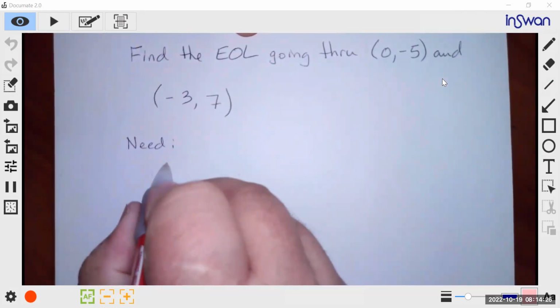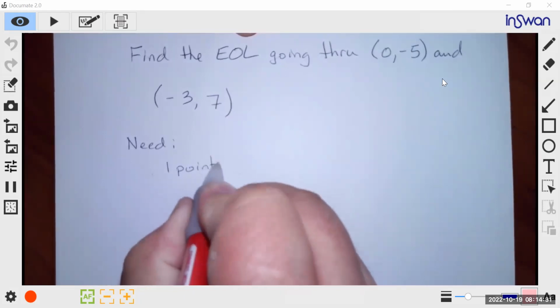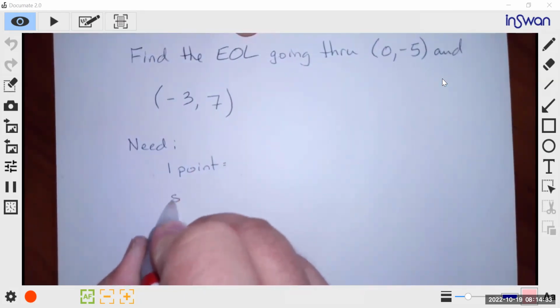Remember, we need 1 point and the slope.